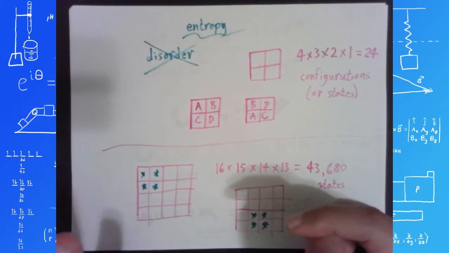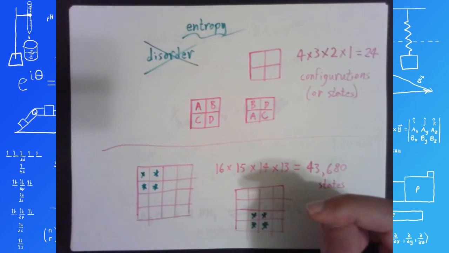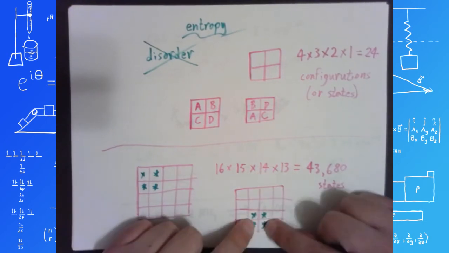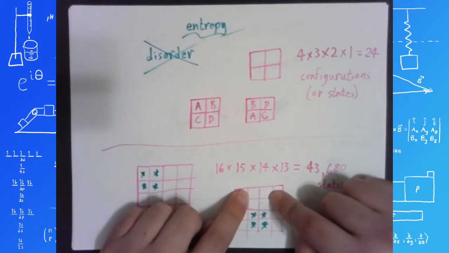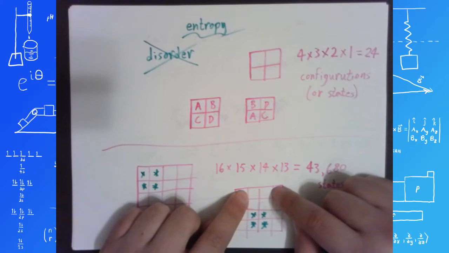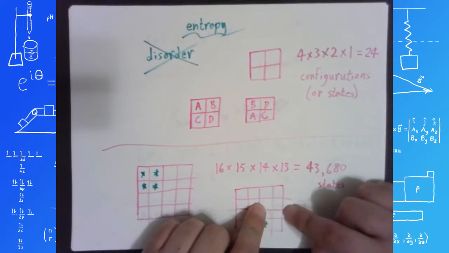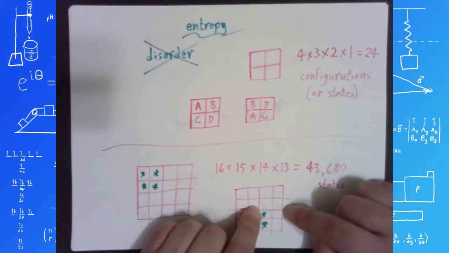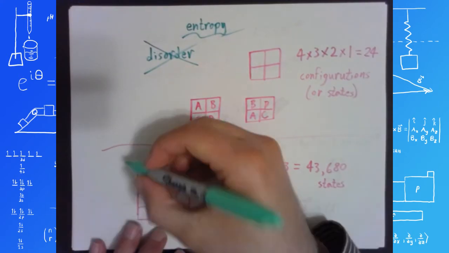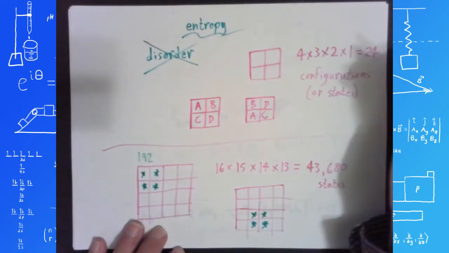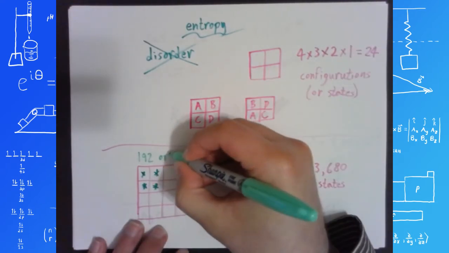So that's 4 times 24 so far. There's 24 ways to have them in a state like this. There's 24 ways to have them over here, mid-left. There's 24 ways to have them in the middle of the top. And there's 24 ways to have them mid-right. So that's 8 times 24, which is 192. So there's 192, I guess you can call them ordered states.